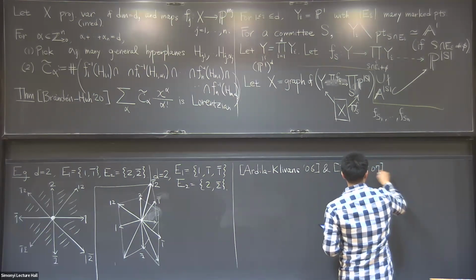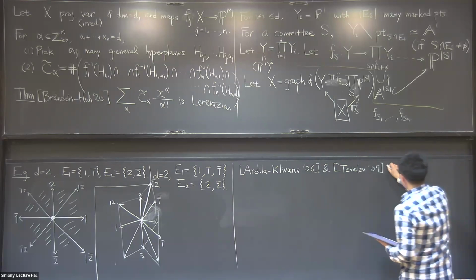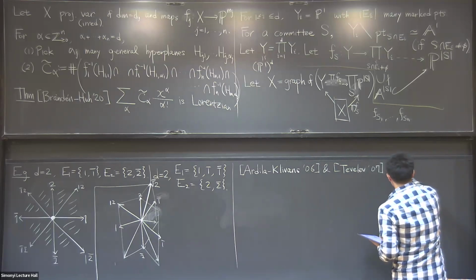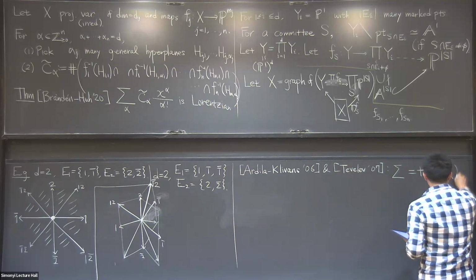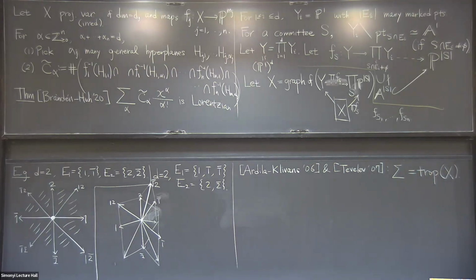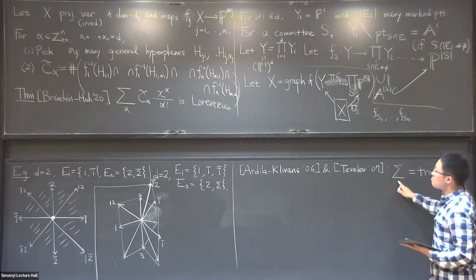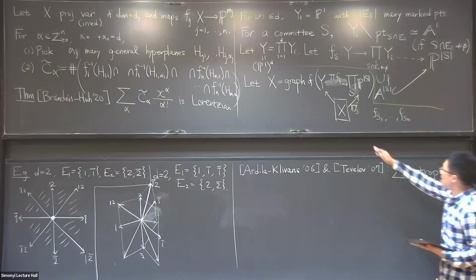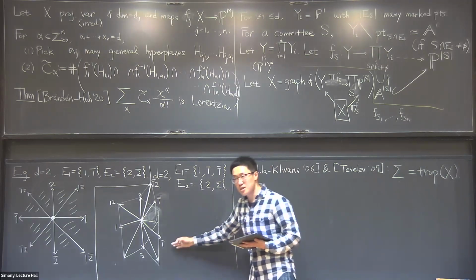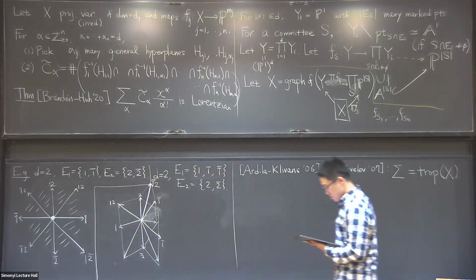I'll just say this fan is the tropicalization of this space X, whatever that means. Tropical geometry gives you a way of producing a polyhedral object that remembers much about your variety. In this case, in some precise sense, when you tropicalize this variety X, you exactly get these multi-permutahedral fans. So that's fact 1.